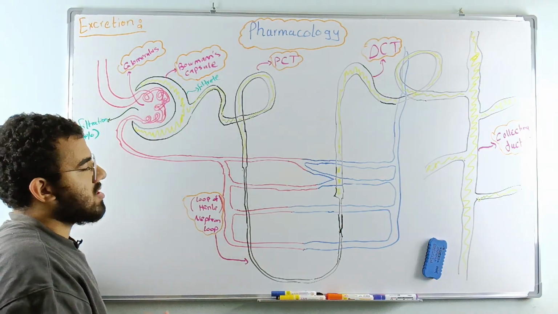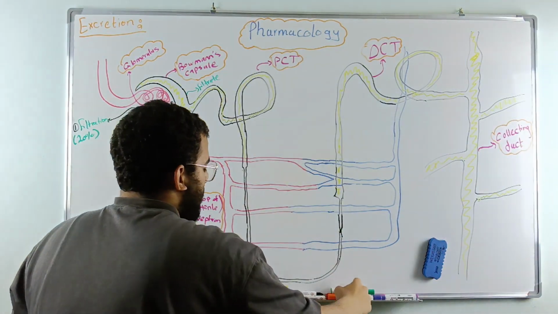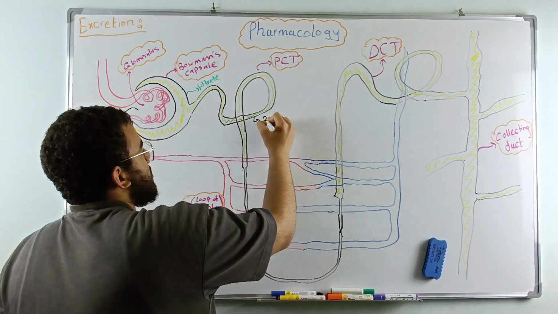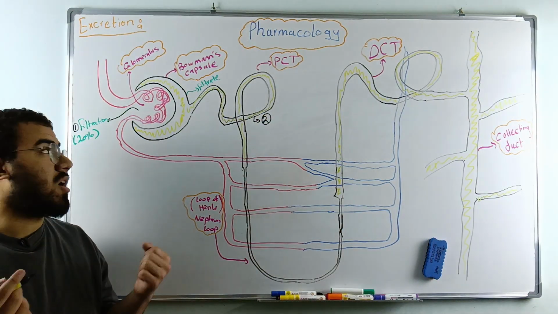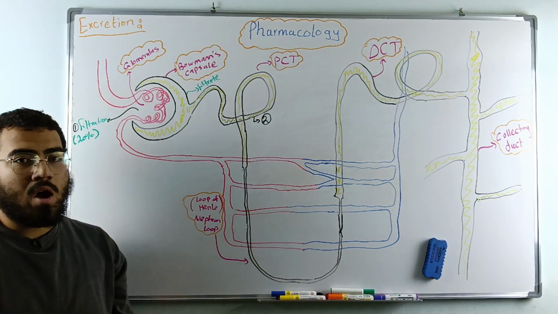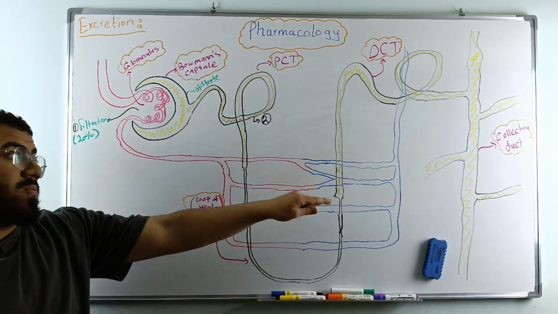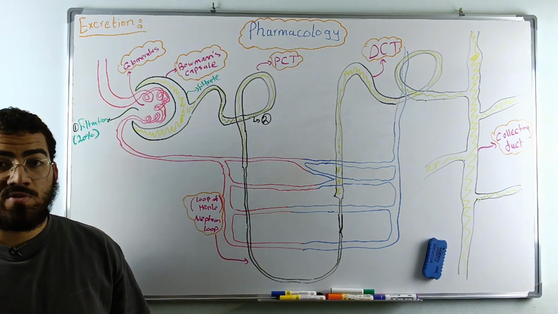Inside the proximal convoluted tubule, another process starts, which is the reabsorption. Some of you might ask, why would we need reabsorption? Simply because we cannot filtrate all the contents of the blood, including water, nutrients, salts, and ions, and just get them to be excreted in the urine. We would lose very great benefits from these substances.